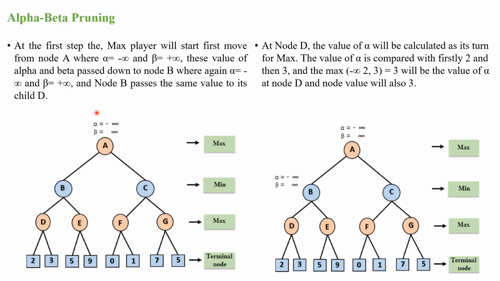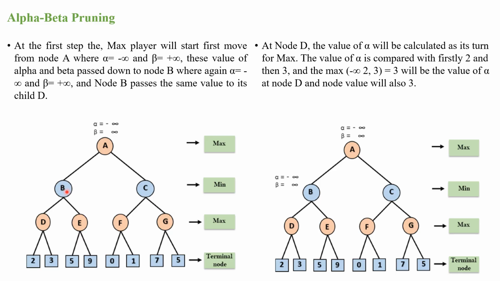For a maximum node, the value of alpha should be calculated. For a minimum node, beta should be calculated. Here the alpha and beta are transferred to the child node, and the node value is transferred to the upper node. Alpha equal to minus infinity and beta equal to plus infinity are transferred to child node B.